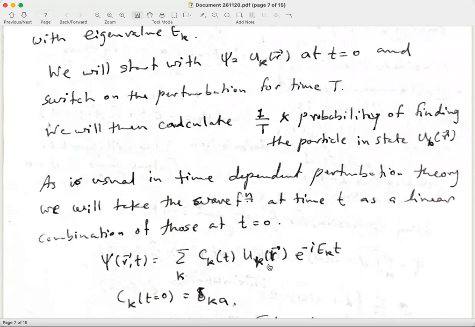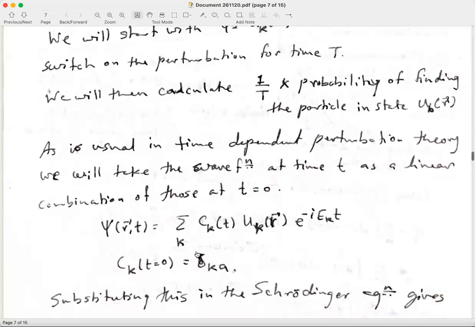For all other values of k, the c_k would be 0 at time t equals 0. The c_k may have different non-zero values at all times after that, but at time t equals 0 you just set it to a specific value.